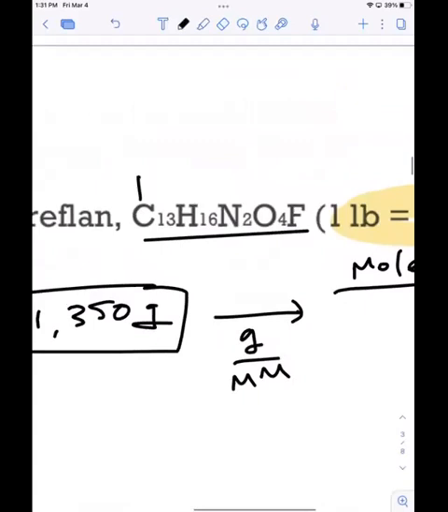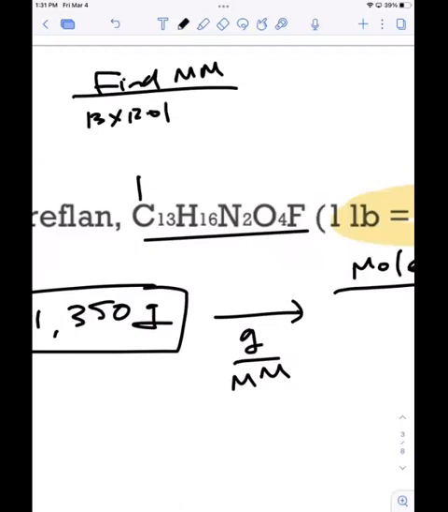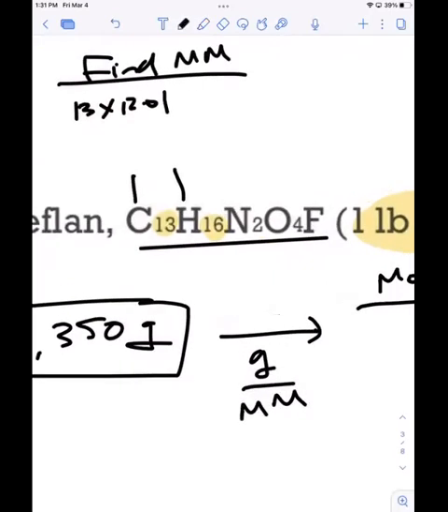So this is going to be what? 13 times 12. Is that right? Because we have 13 carbons, and the atomic mass of carbon is 12.01. And this is going to be what? 16 times 1.008.